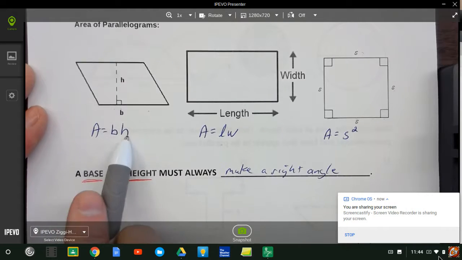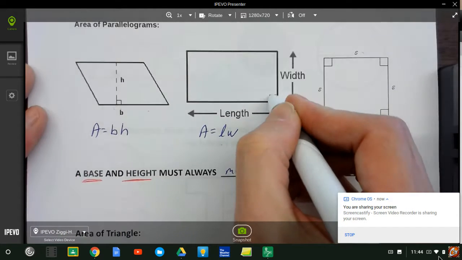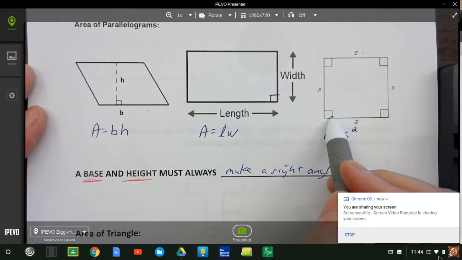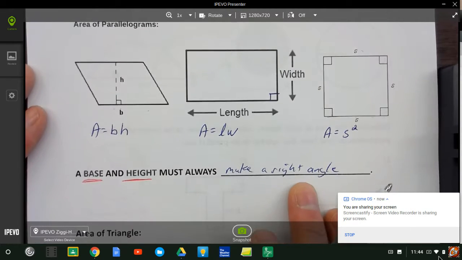Okay, so base and height have to make a right angle. Length and width have to make a right angle. Side and side have to make a right angle. Our dimensions when we do area or even when we do volume have to make right angles. Okay, so that's very important.